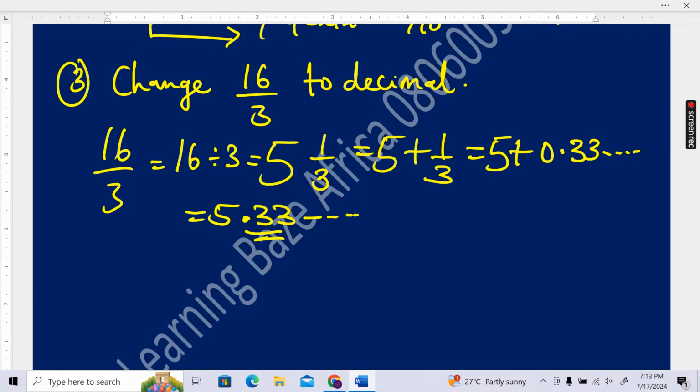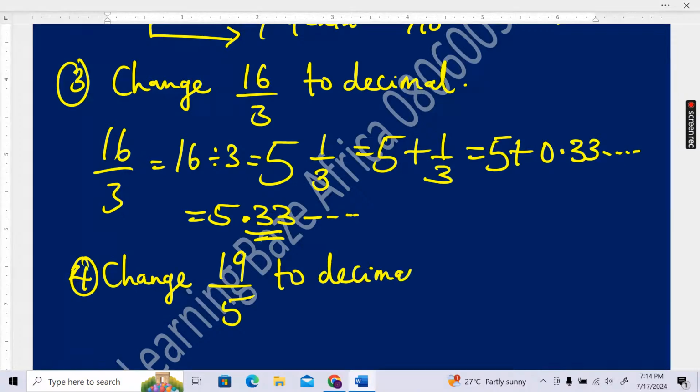Now the next question. Change 19/5 to decimal.